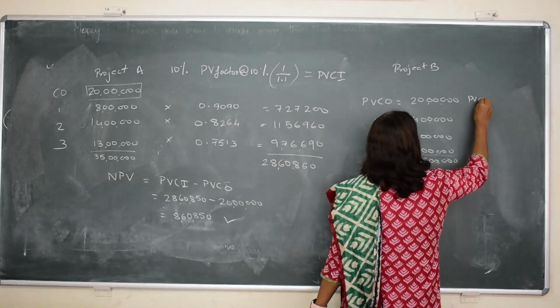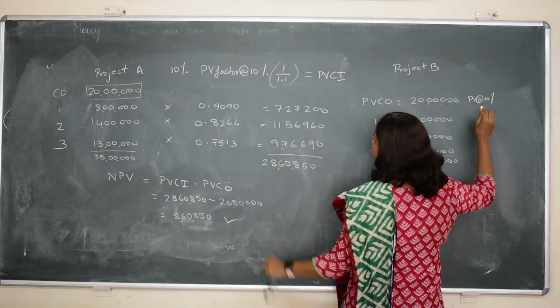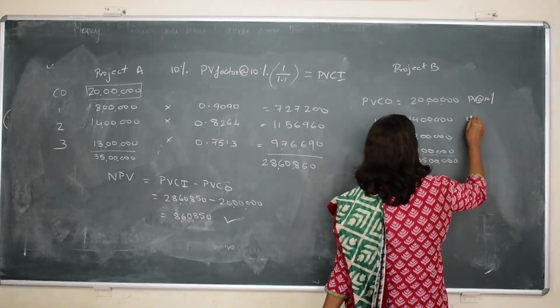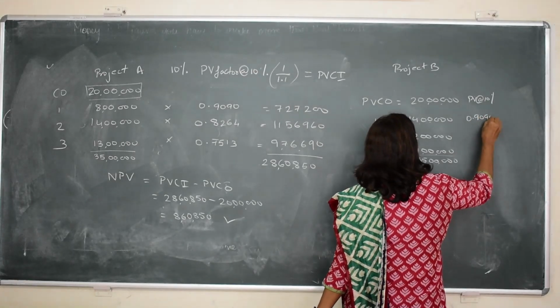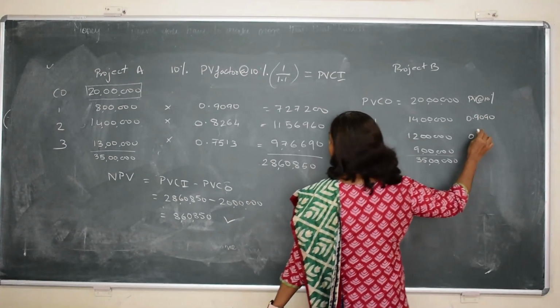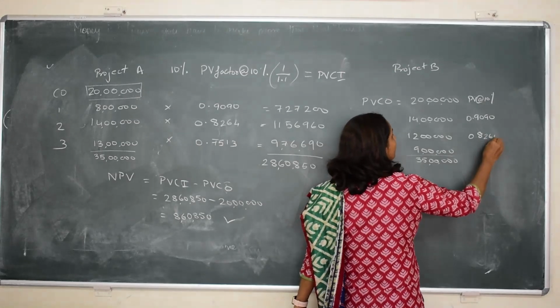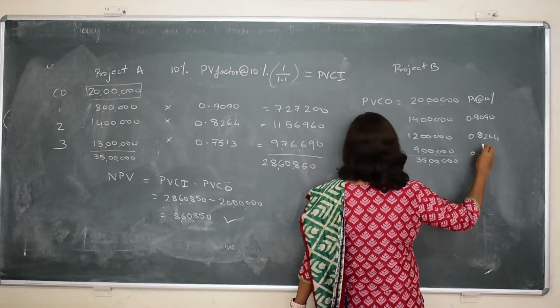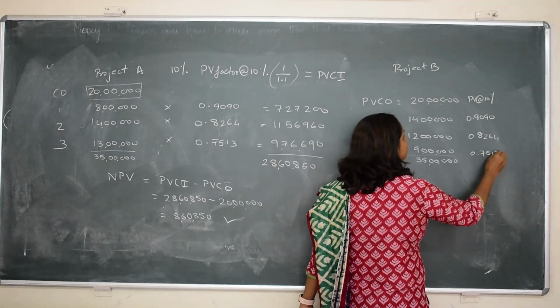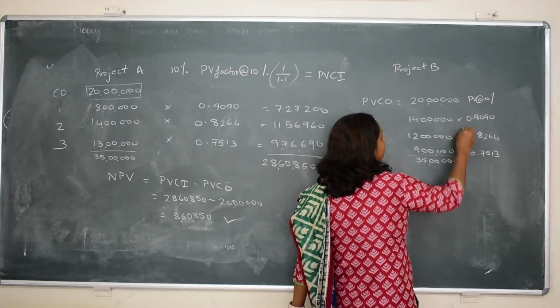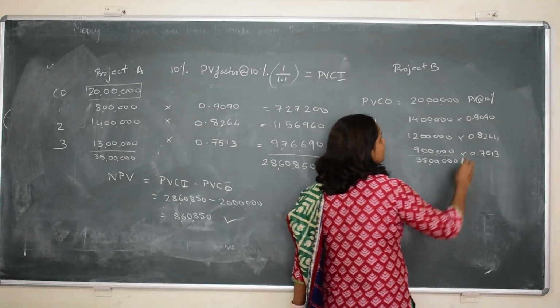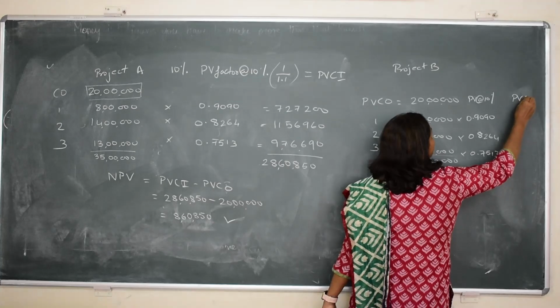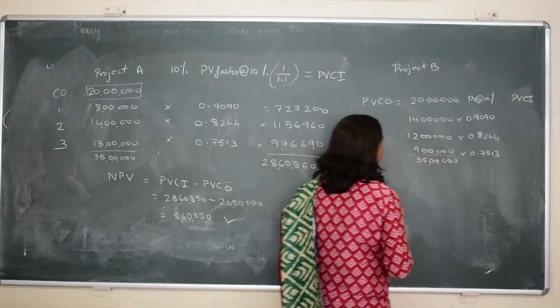We will have the PV factor at the rate of 10%, which for the first year is 0.9090, then 0.8264, and 0.7513. If I multiply these with the cash inflows, I get the present value of cash inflows.